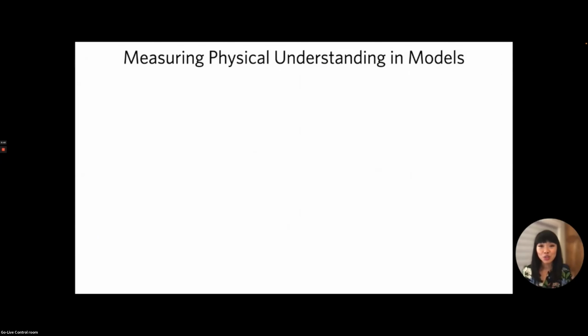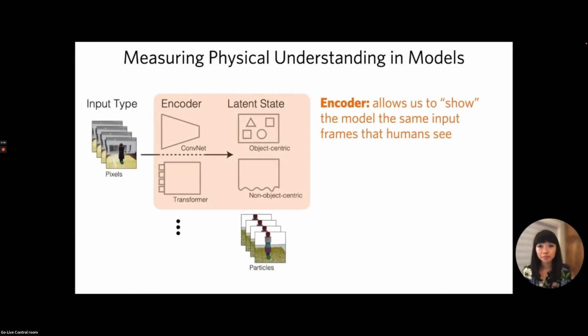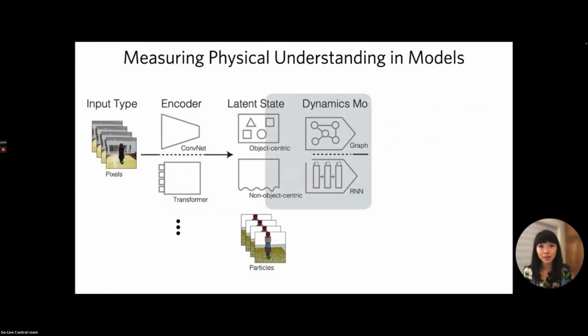Our next challenge was to develop a unified framework for training and evaluating physical understanding across models with potentially very different architectures. We conceptualize each model as consisting of 3 modules. First, an encoder that takes in input. In the standard case, a series of RGB frames making up the video.